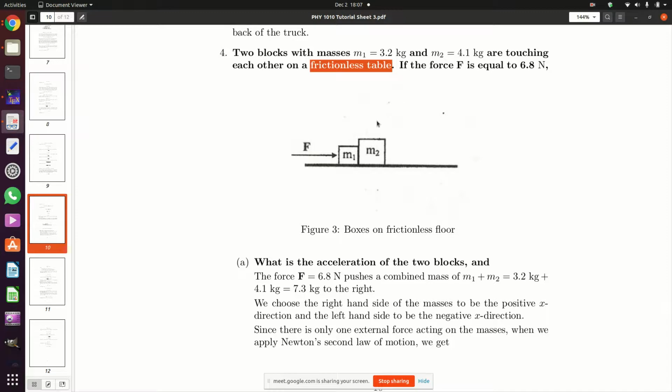So this problem without friction actually makes things much, much easier. It means that we have to consider one less force. In this case, we have to forget about friction, it being neglected.